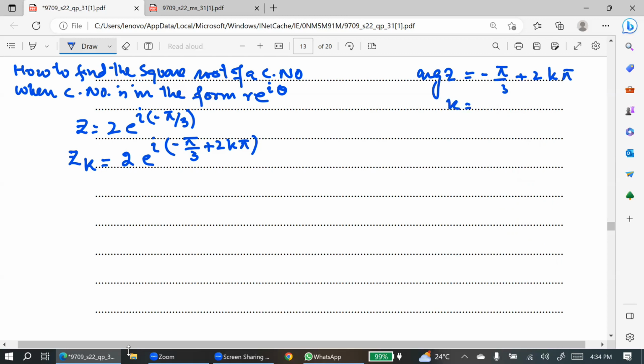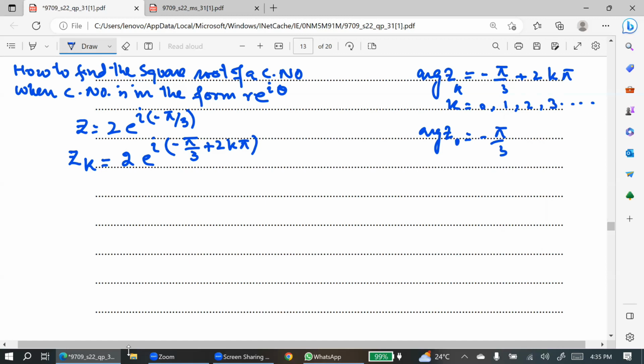Now we will put k is equal to 0, 1, 2 and 3 into this argument, and we will discuss the new argument. When we put k is equal to 0, then the argument of z0 is minus pi by 3.